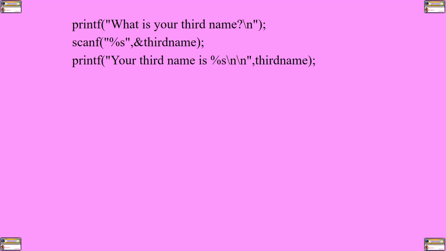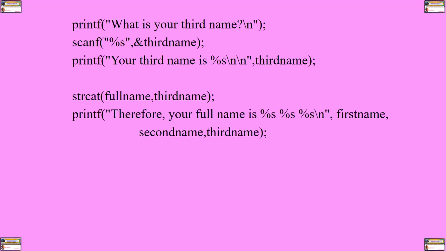So when the statement is displayed, your third name is, it will display the content in memory location called third name as entered. And then this statement here is combining the characters in the memory location called third name with the content of the memory location called full name.